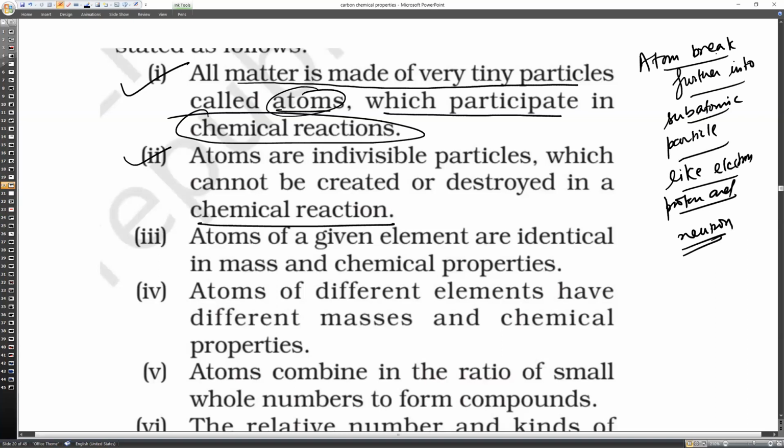They break further, but not in a chemical reaction. They break in a nuclear reaction.